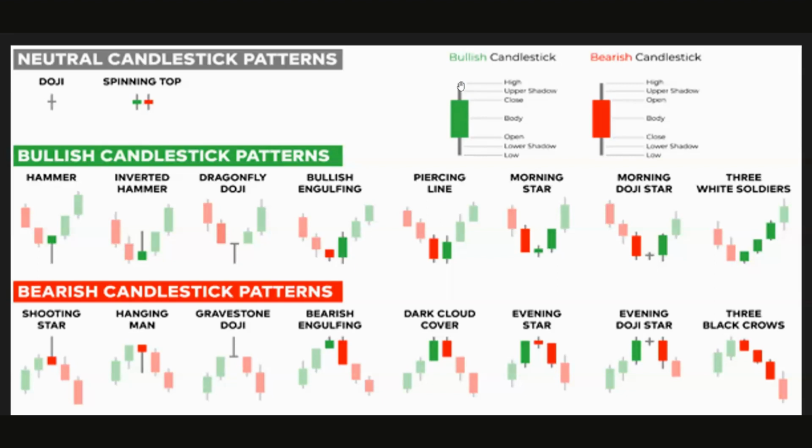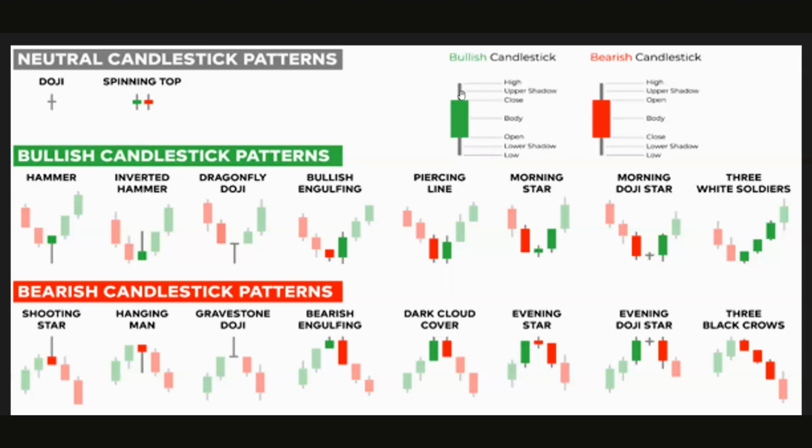Now, these lines that are sticking out of the body of the candle, because this part is the body of the candle, are sometimes called upper shadows and lower shadows. They're also called wicks. And they actually tell a story as well, because essentially this candlestick most likely looked like a full green candle prior to it closing here.